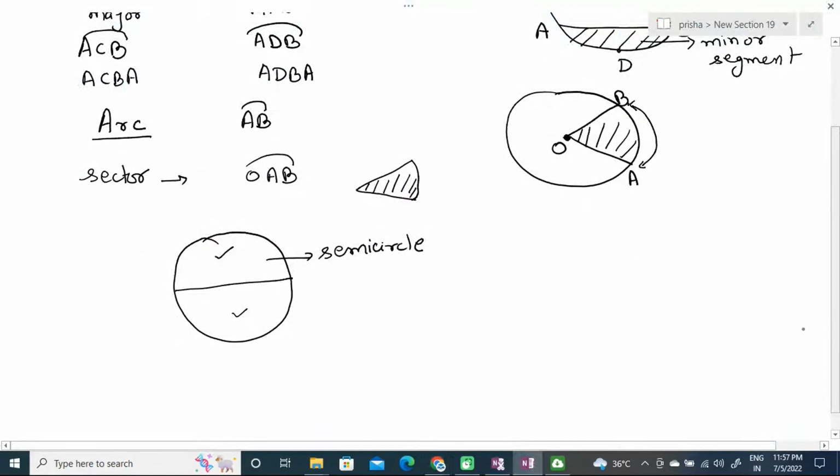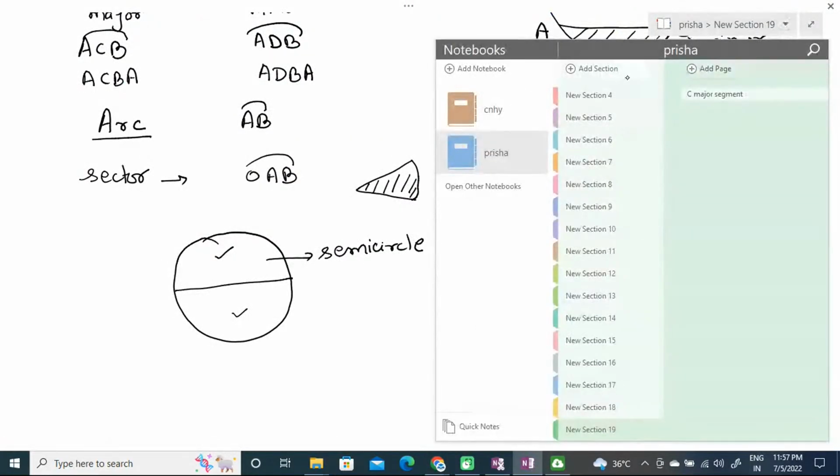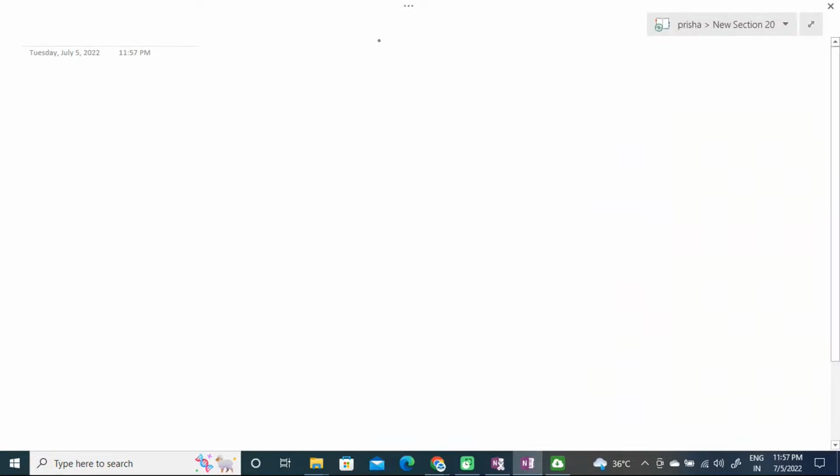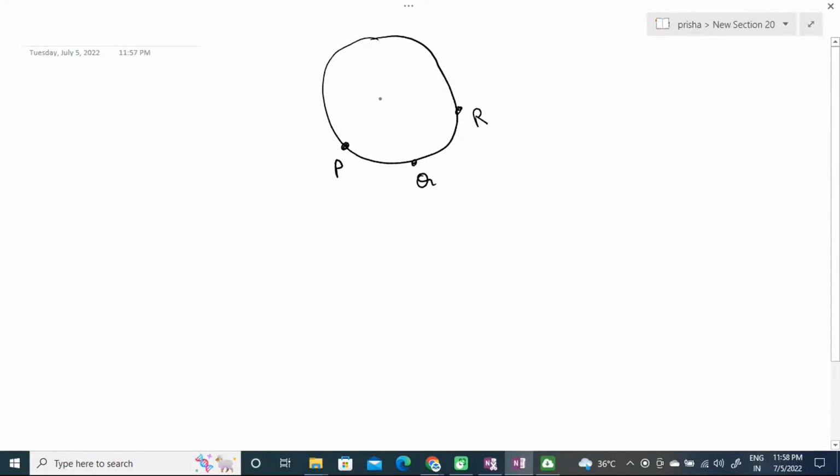Now, for example, this is a circle. This point is P. This point is Q. This point is R. This is, for example, the center. Now, this portion, which I am going to darken, this is the minor arc because it does not contain the center, and it is represented as PQR.